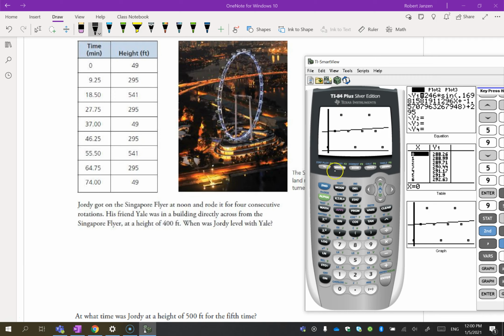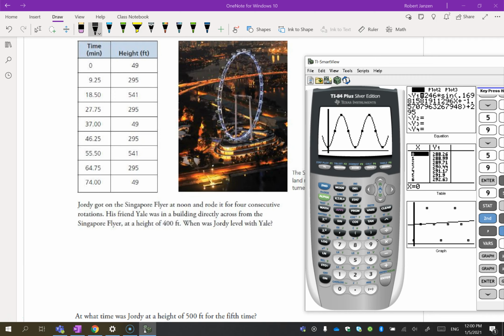So this equation you see here is in radians. But if you look at my calculator, I'm in degrees. So let's put the calculator to radians for all of the calculator questions. Now look what happens when I go zoom 9. There is my equation with a really nice fit.